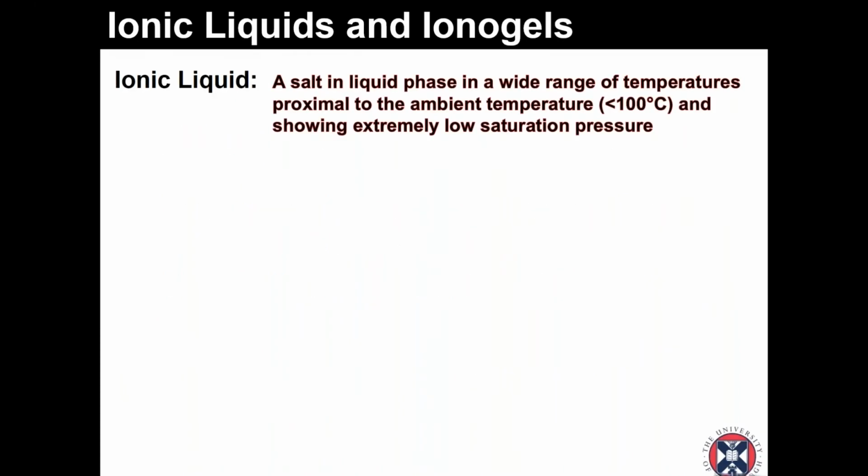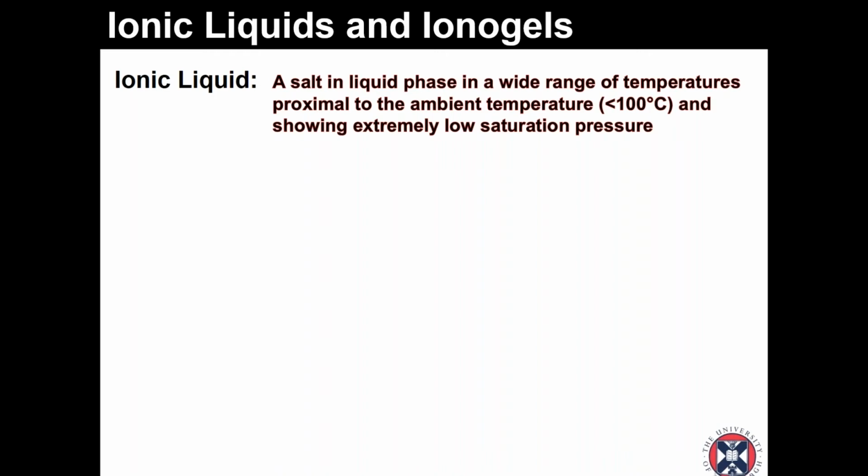So an informal definition of ionic liquid is a salt. We are talking about a salt in liquid phase. We are used to having salts in a solid phase. These are salts in liquid phase in a wide range of temperatures proximal to the ambient temperature.